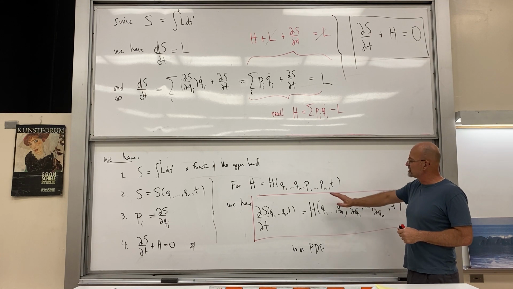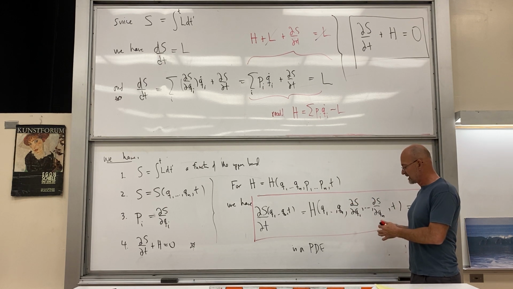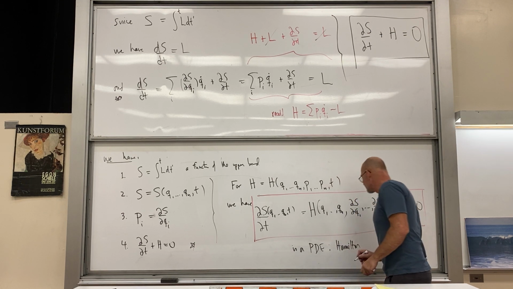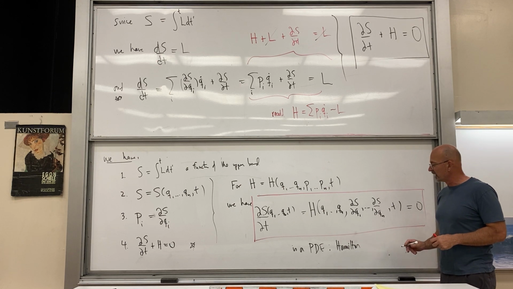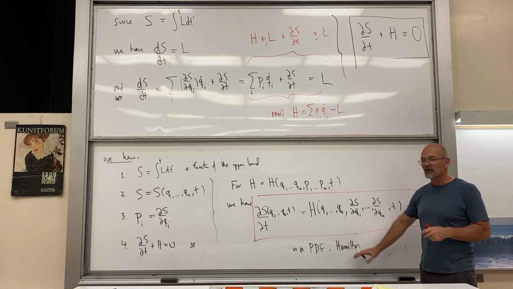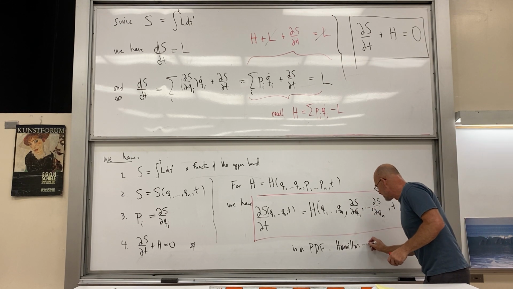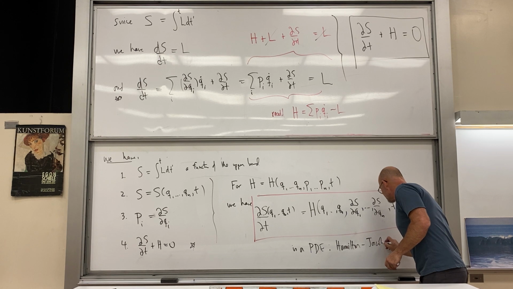So we're not going to launch into its solution right away, but I will say right now it's called the Hamilton-Jacobi equation. And one of our goals is in the next few weeks to make our way to being able to solve the Hamilton-Jacobi equation and see its relationship to mechanics.